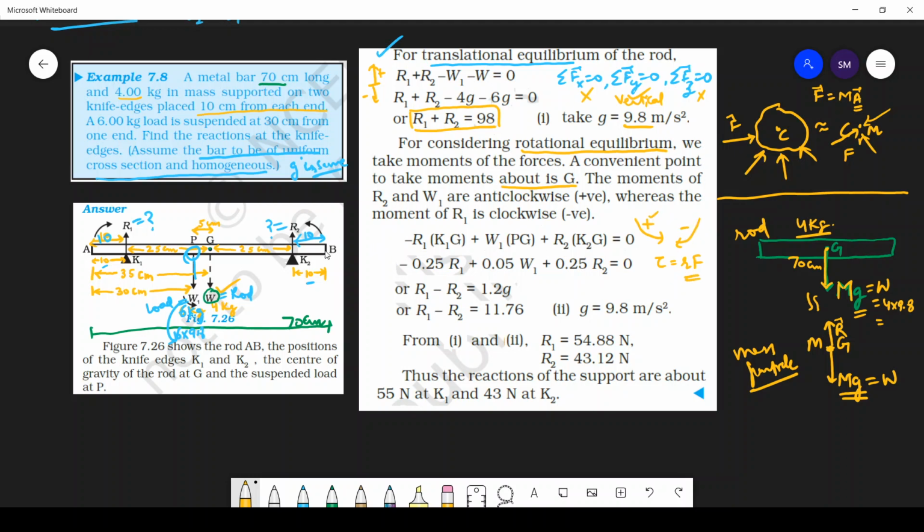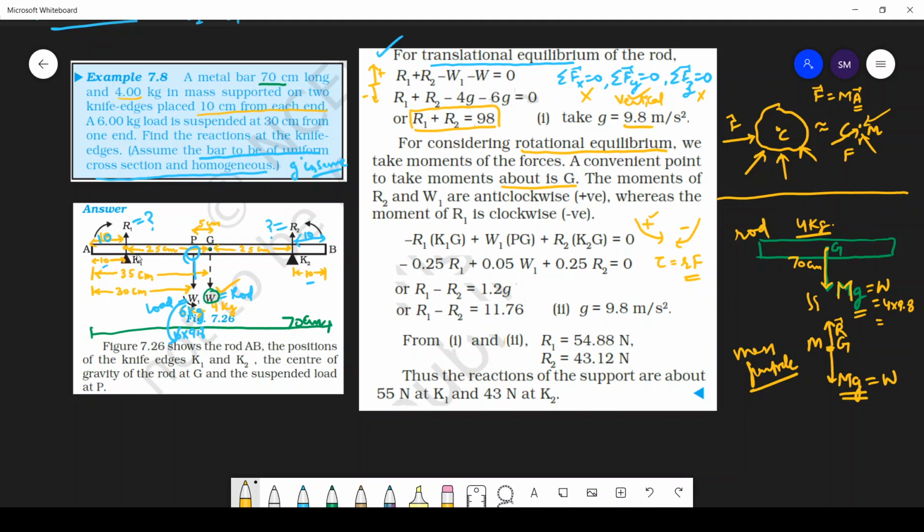So R1 is the force acting on it, and what is its distance from the point about which you are taking the moment? That's point G, the origin we are taking.